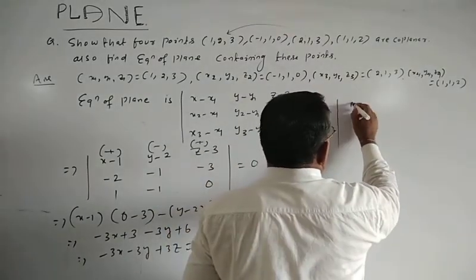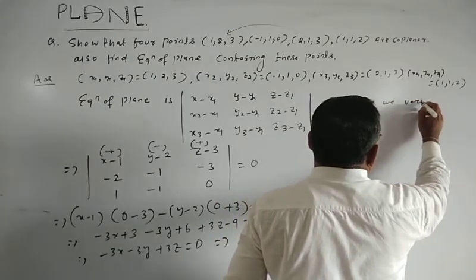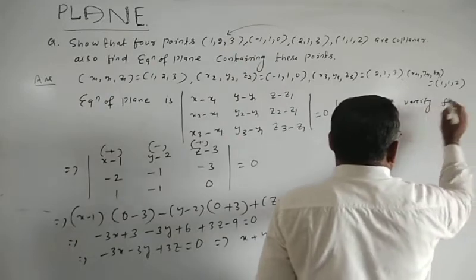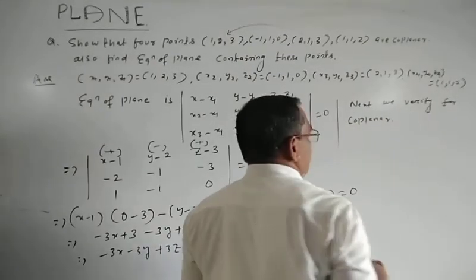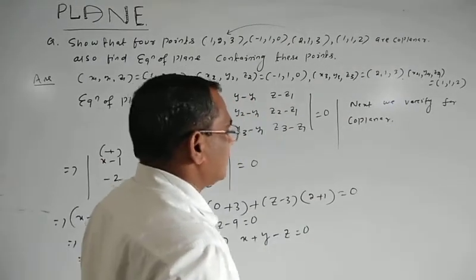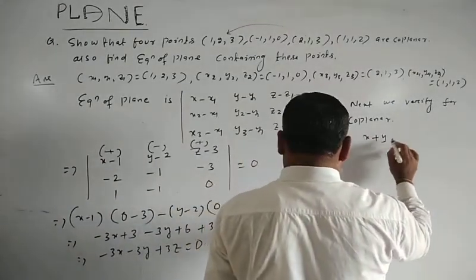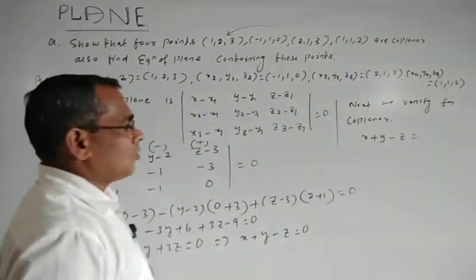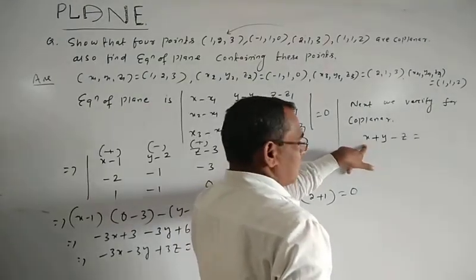So next we verify for coplanarity. That is x plus y minus z is equal to, we substitute the fourth point in the LHS part of the given equation.